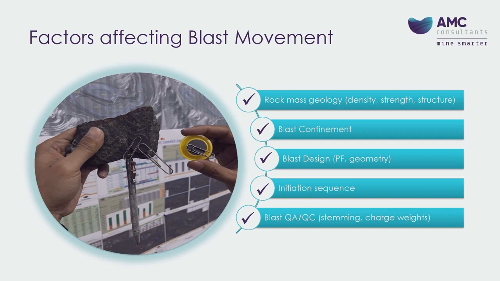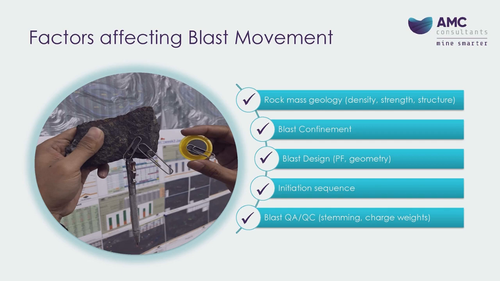And the blast QA/QC, so how well the blast design is implemented in the field. So if a designed stemming height of 3.5 meters was implemented, how well is that adhered to? Charge weights, if 200 kilograms of charge was designed per hole, did we actually get 200 kilograms per hole, or some blasts or some holes with more or some holes with less? Each of these factors, there is inherent variability associated with them.